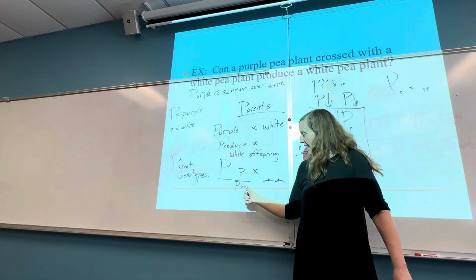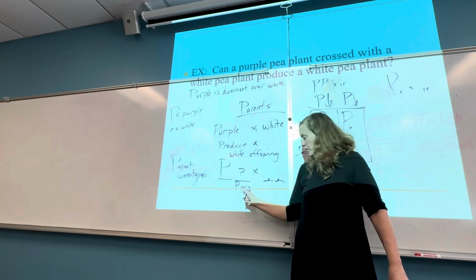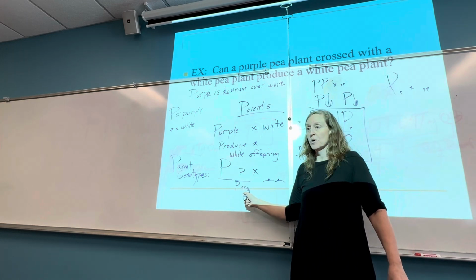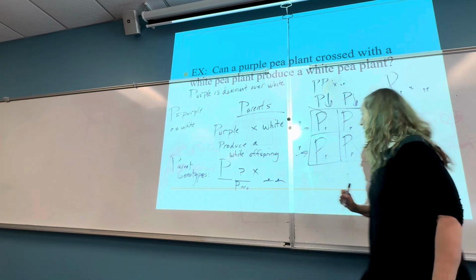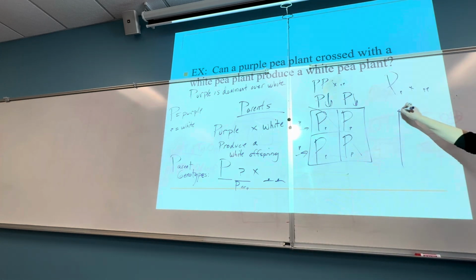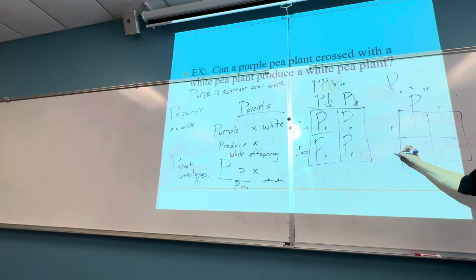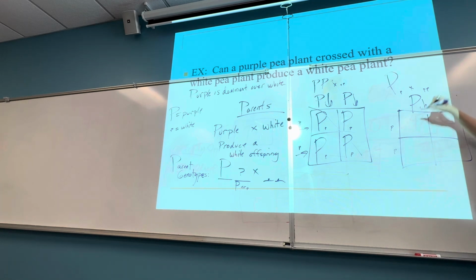I'm going to look at now the big P with the possible little p, still being a purple parent, with this white parent. Put the capital P down. Put the little p down.